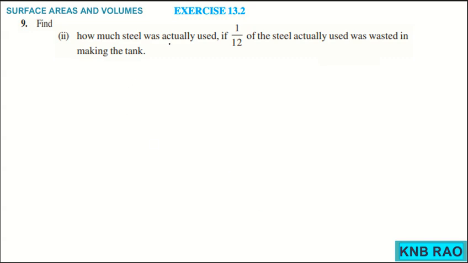How much steel was actually used? Very important question here. How much steel was actually used, if 1 by 12th of the steel actually used was wasted in making the tank. Children, how much totally that steel was used?